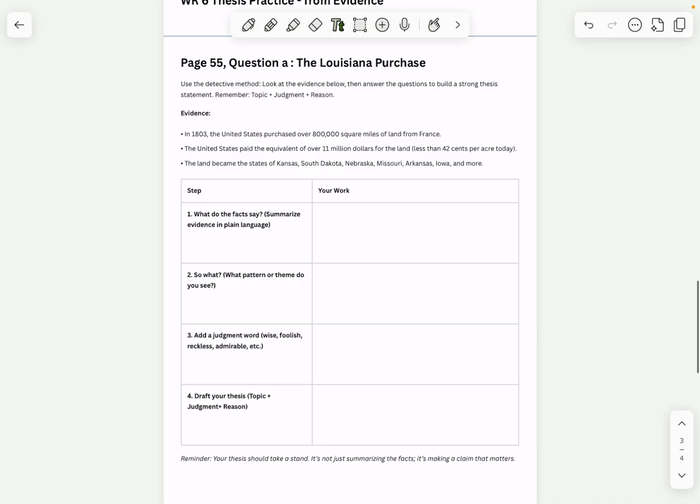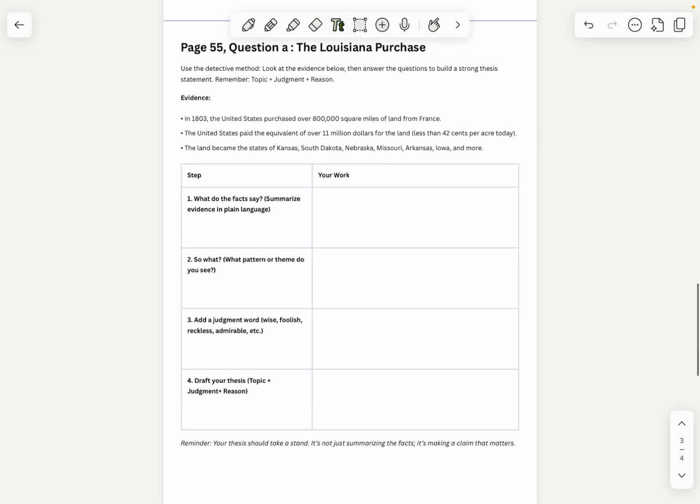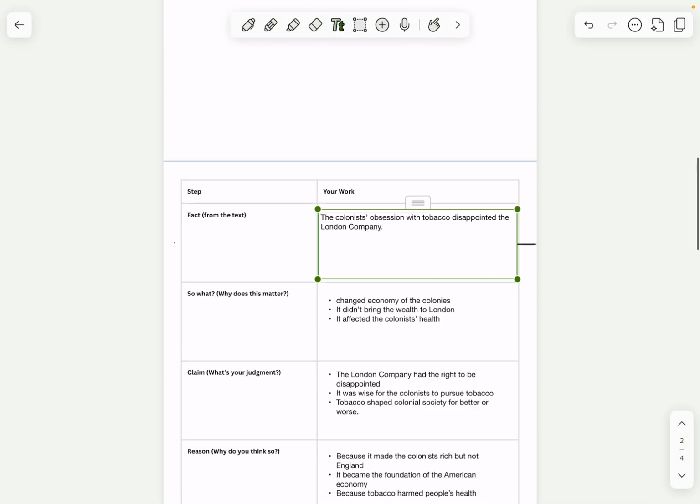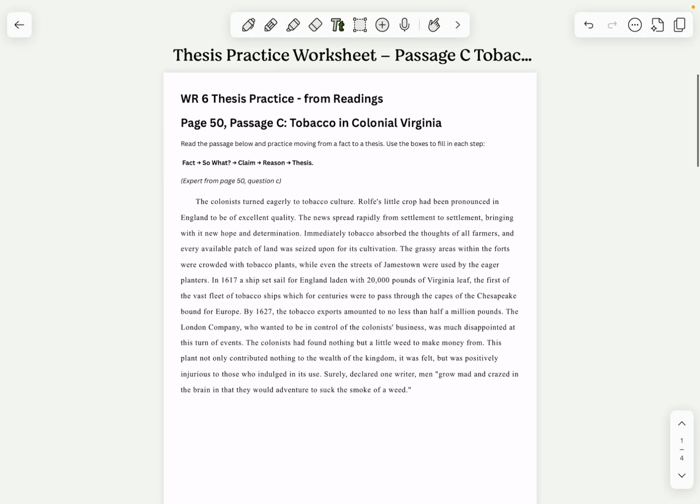You were kind of putting the facts together and making a thesis out of what you found in the facts. And so I feel like this one was a bit easier because we had the facts right there in front of us. But this one was a little bit more difficult. And this one in particular, passage C, which is why I chose to do this one together.